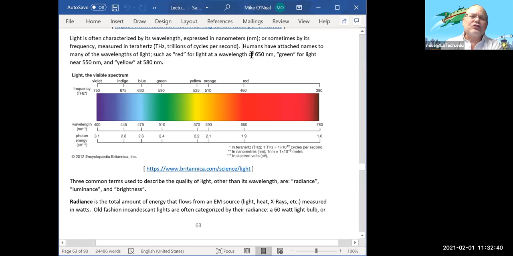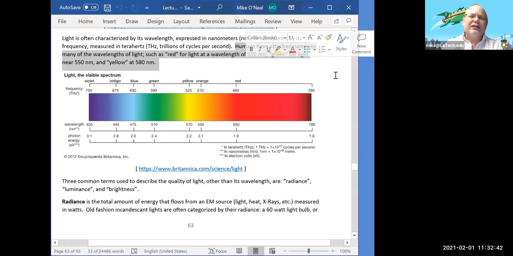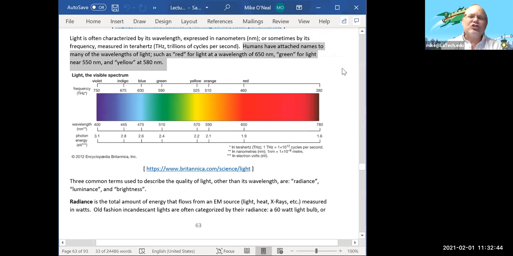It's important to start off by saying that humans have attached names to many of the wavelengths of light. So a lot of times I'll say red instead of saying electromagnetic energy at 650 nanometer wavelength.